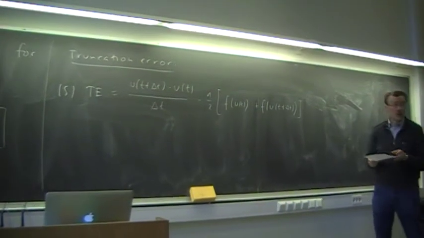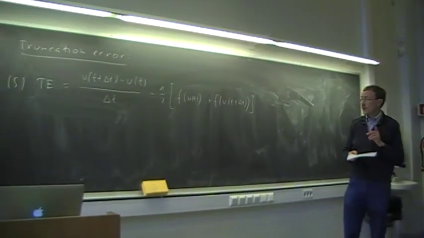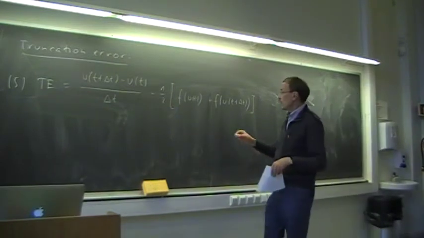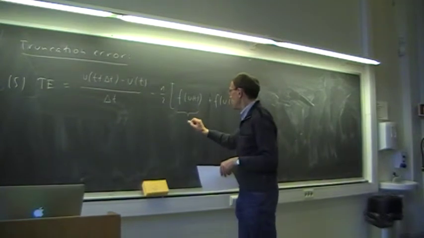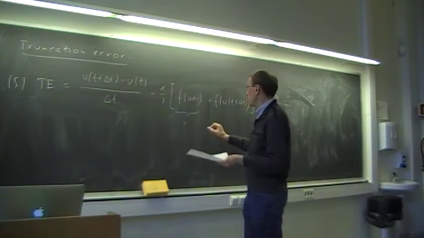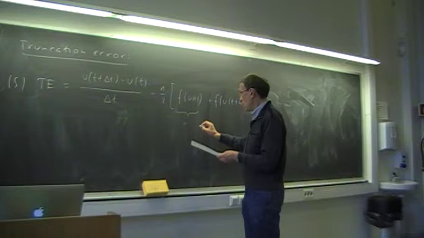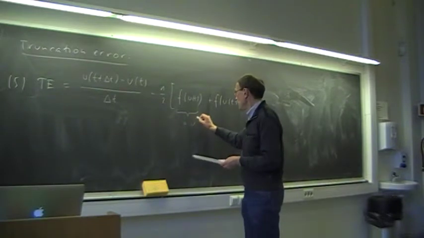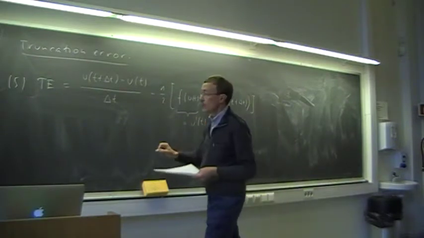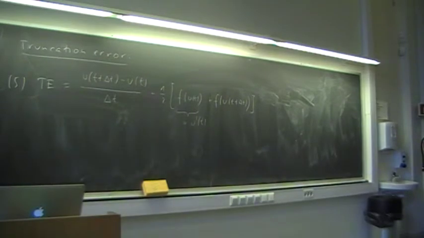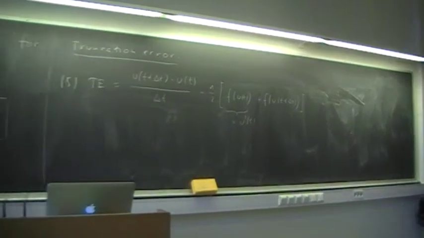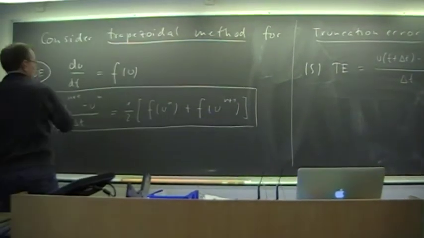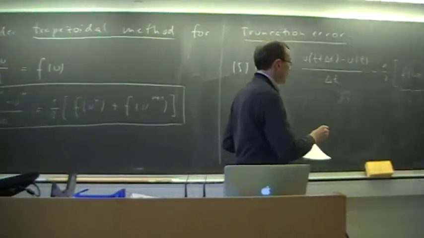And then, since we are inserting the exact solution now, we can use the ODE. So that means we can use here, by the ODE, this is equal to u prime, the first derivative. So we use now the ODE. That is our ODE, so that we can use here.